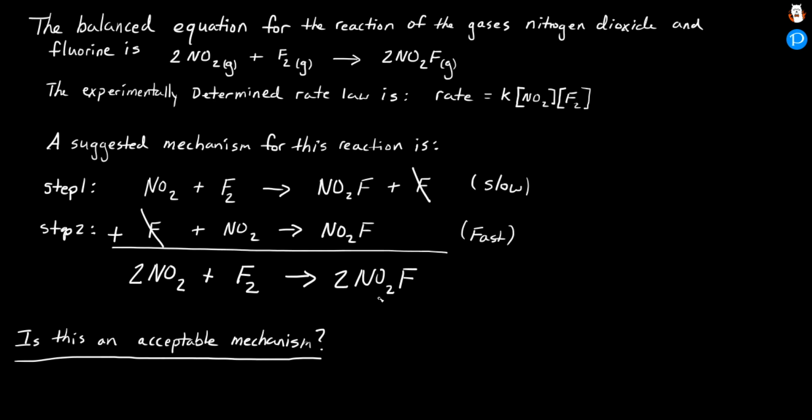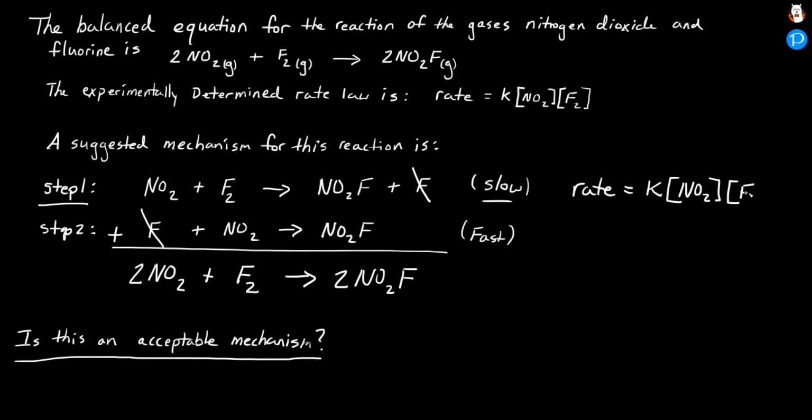The second thing is that the rate law for the slow step needs to match the experimentally determined rate law. So remember, for the elementary steps, I can write the rate law based on how many reactants are colliding. So the rate law for the slow step here would be K times the concentration of NO2, and I only have one of them, so raised to the first power, times the concentration of F2.